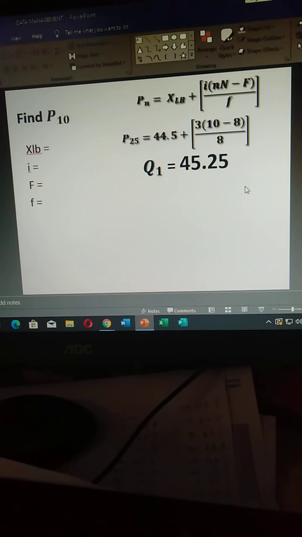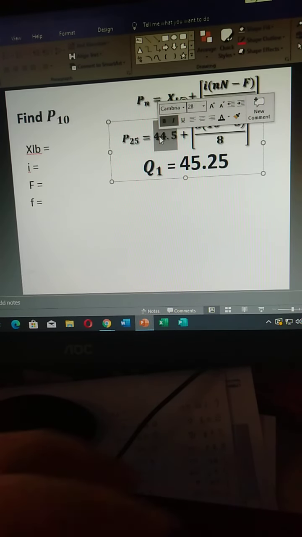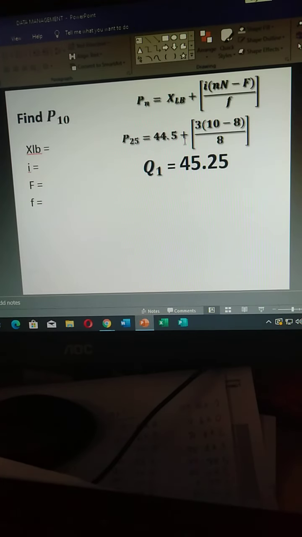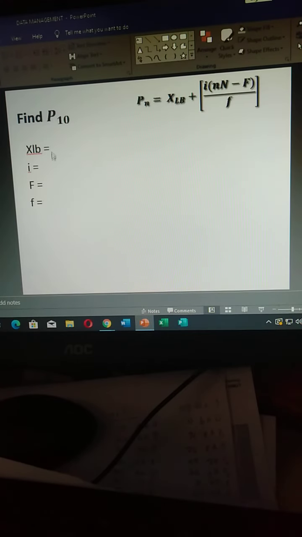Ayan, P10 ang hinahanap. So, palitan lang natin to ulit. Don't mind this one muna, okay? Ito, tanggalin ko na diretso. Ayan, so, P10. Copy ko lang to.